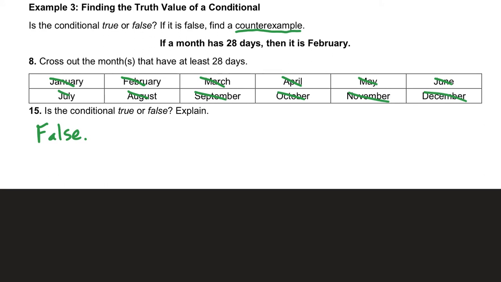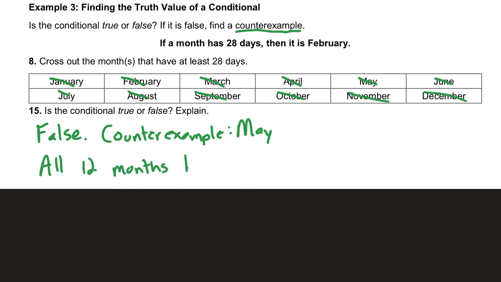So a counterexample to this is literally any month you could write. So a counterexample to this is May. All right? So that's my counterexample. Explaining this, the way I explain this is false. All 12 months have 28 days. Simple as that. So evaluating a statement, specificity is important. Being specific and intentional with your words is important.